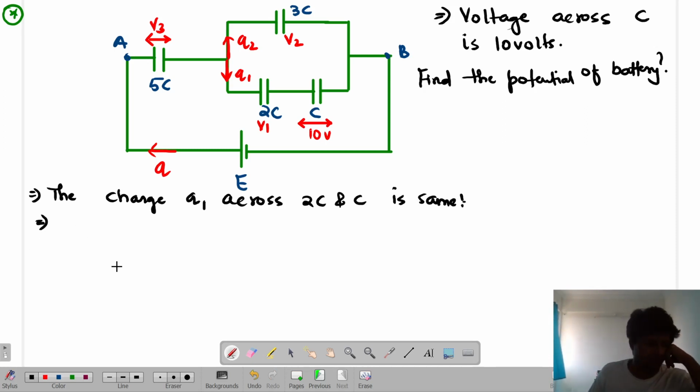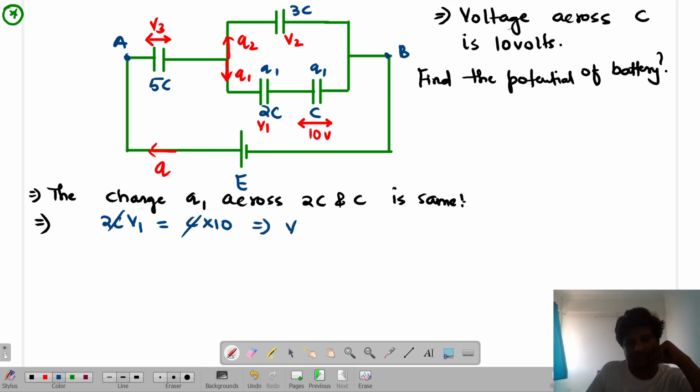So what equation can we write? 2C into V1 is equal to C into 10. So C got cancelled, and this implies V1 is equal to 5 volts. So net potential through this series is 10 plus 5, that is 15 volts.